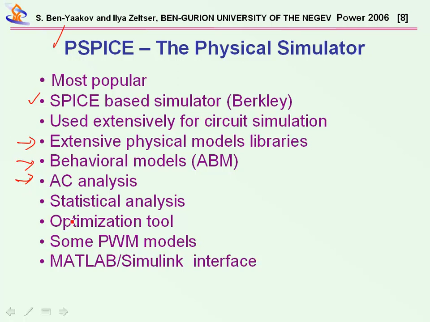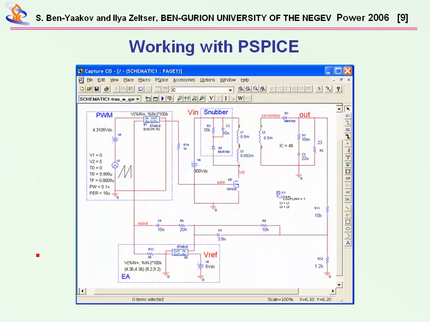It has an optimization tool that we'll talk about later on. And it has some PWM models, but as I've said, it does not include controllers for the PWM. For that you need another vendor, because they are not provided by most manufacturers of ASICs. And then it also has a MATLAB and Simulink interface.